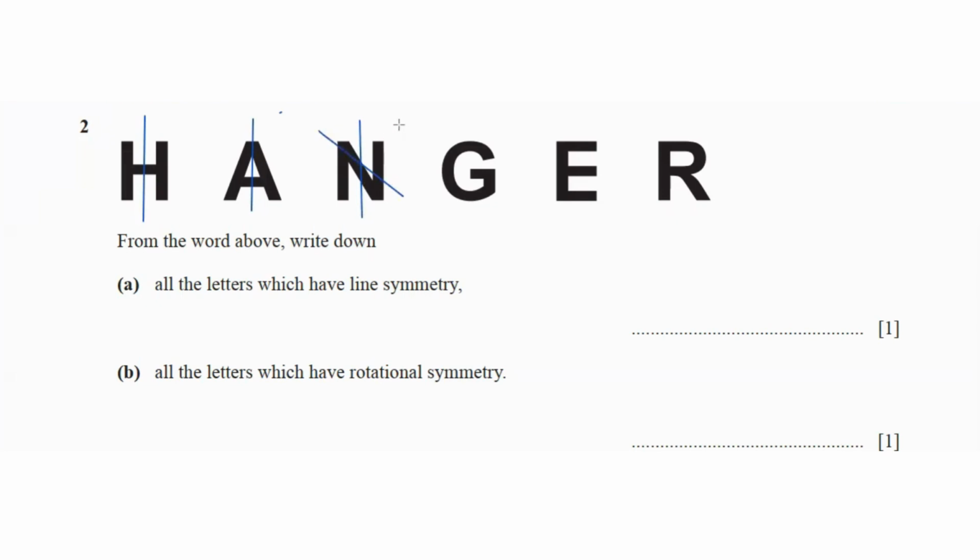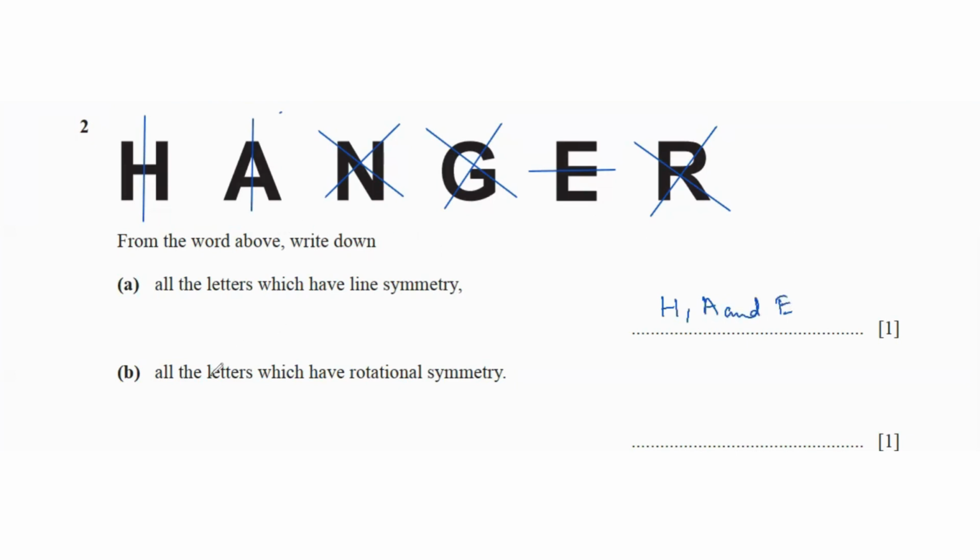So that's a no. G also does not. E does. It has a horizontal symmetry. And R also doesn't have one. So which means our alphabets are H, A, and E.